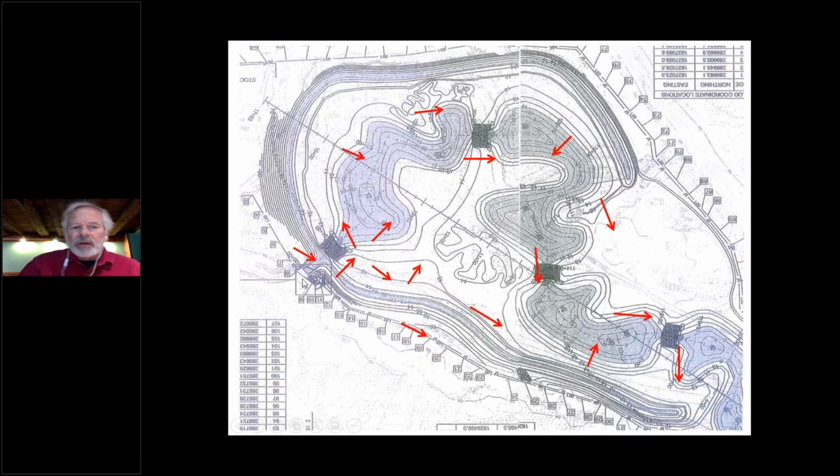We put a riffle grade control structure in the stream at this location, which raises the water surface of the water in that stream, and then we have that water flowing out into our seepage reservoir, which goes around 3/4 of the site.